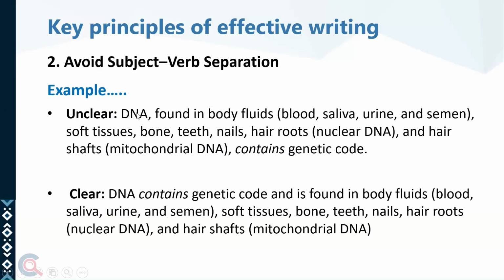The subject is DNA. In the first example, DNA is at the start of the sentence and the verb is at the end, and in between the two, there's a lot of information that confuses the reader, and the reader finds it difficult to clearly understand what is being communicated. But if you close the gap between the subject and the verb, as in this case, DNA, the subject, and the verb contains, you discover that it is clearer to understand.